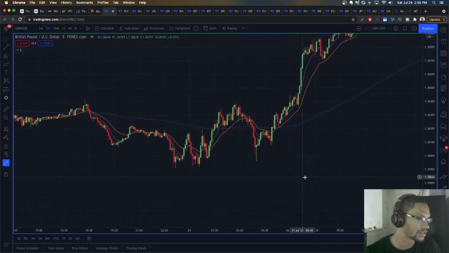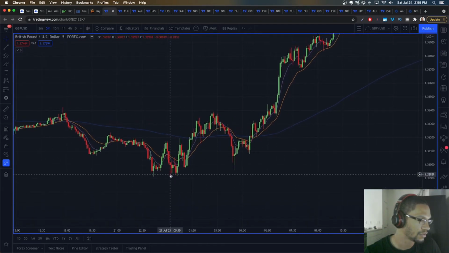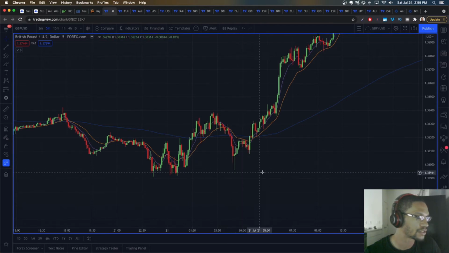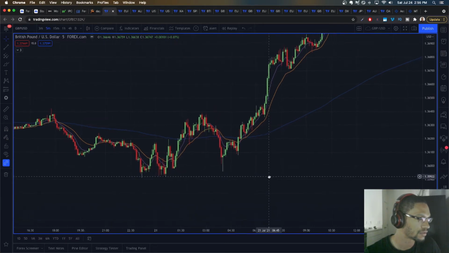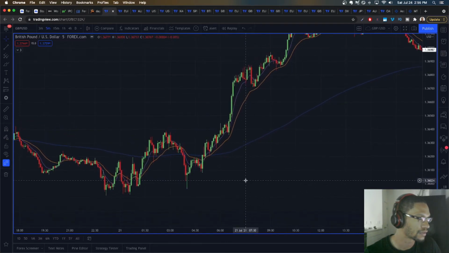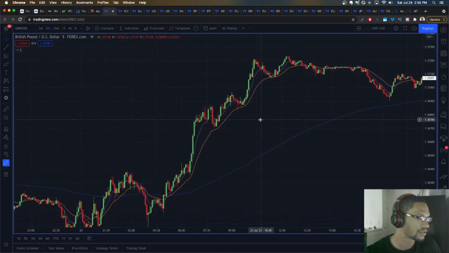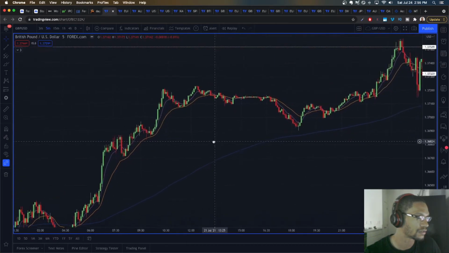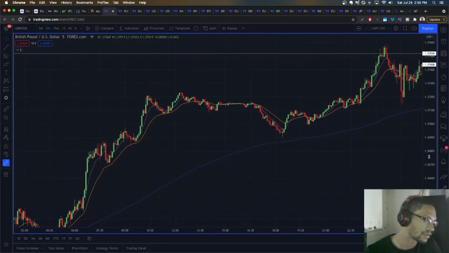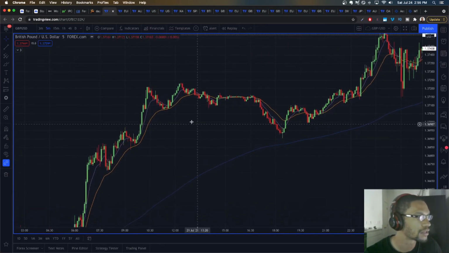Here's Wednesday. We got a triple bottom with a nice rejection tail here. We got a trend continuation here. Another one here, another one here. That is a double top, but I wouldn't take it.